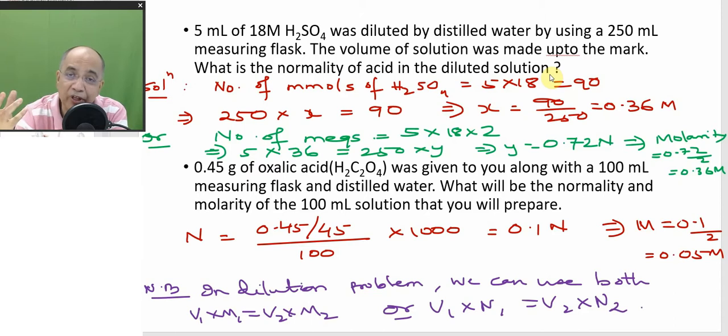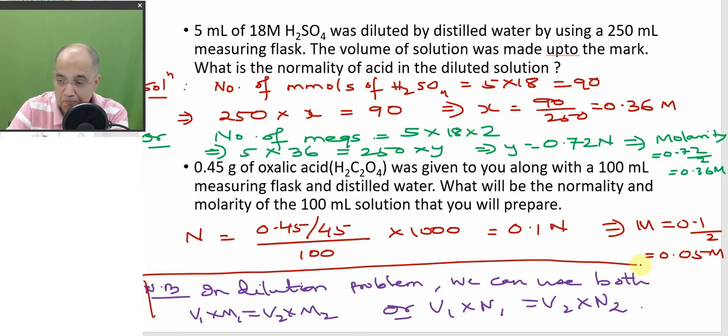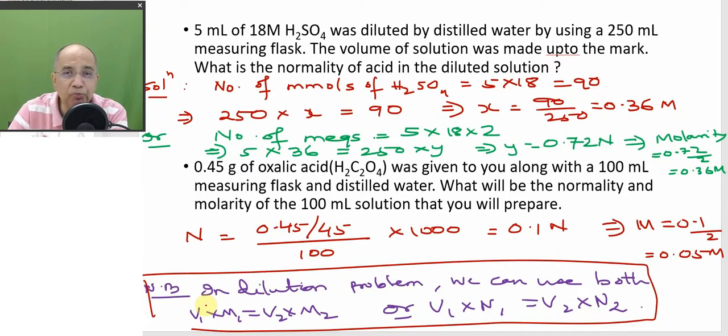So the number of moles or the number of equivalents will remain the same. So you can use the principle V1N1 is equal to V2N2 or V1M1 is equal to V2M2 that I have written at the bottom, because the number of moles or the number of equivalents will be the same before dilution, in the concentrated solution, and after dilution, in the diluted solution.